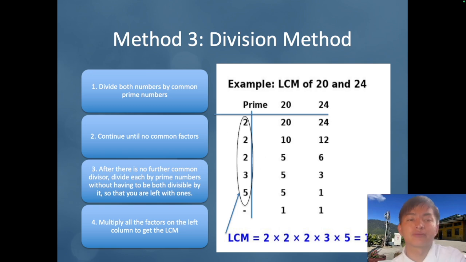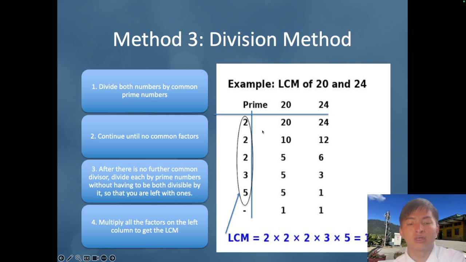So let us find LCM of 20 and 24 using division method. In this method, you make lines like this, and on the left hand side you leave a space for the prime factors, and to the right hand side you write the numbers of which you are finding the LCM, in this case 20 and 24.